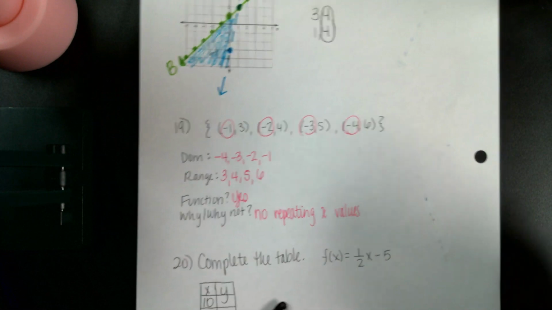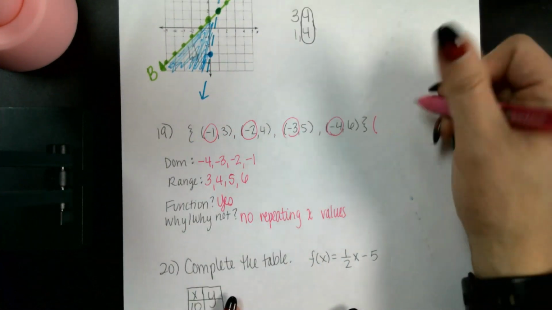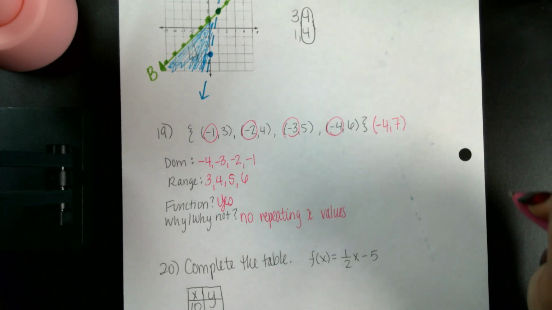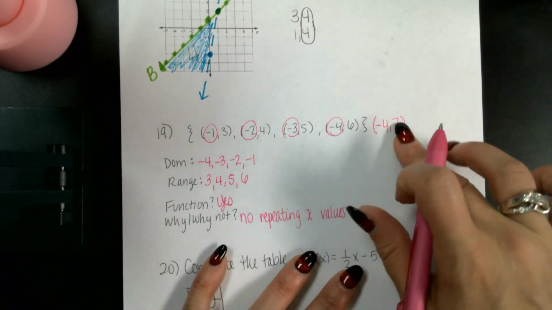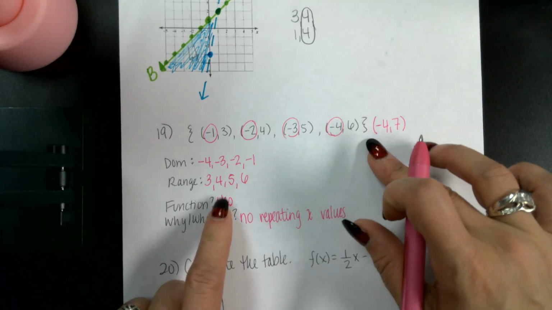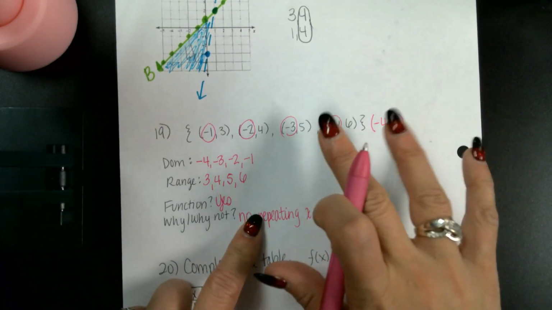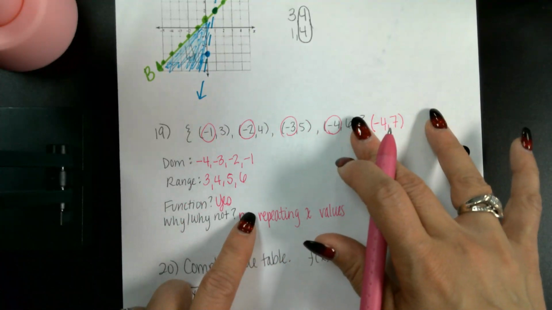Now, if I had thrown another ordered pair on there that was like -4, 7, then you guys would say no, and you wouldn't say one of your x's repeats. You would say that the -4 has 2 different outputs.